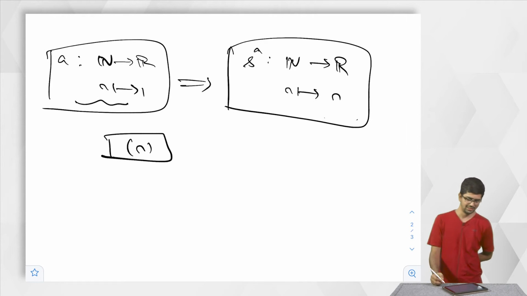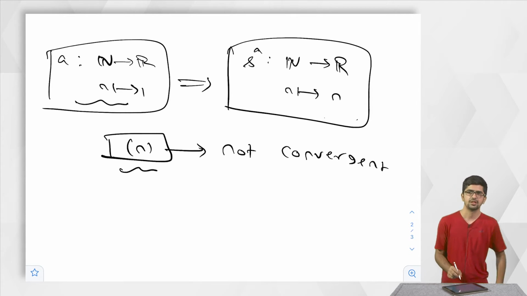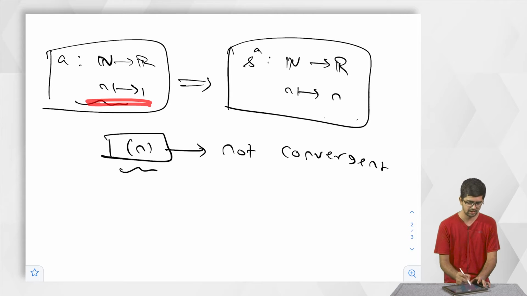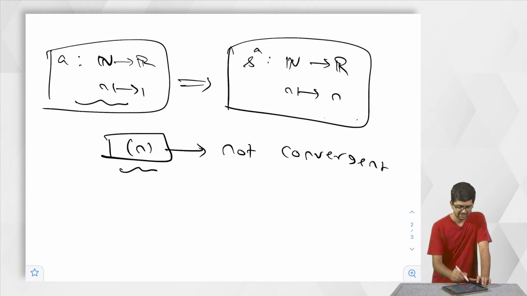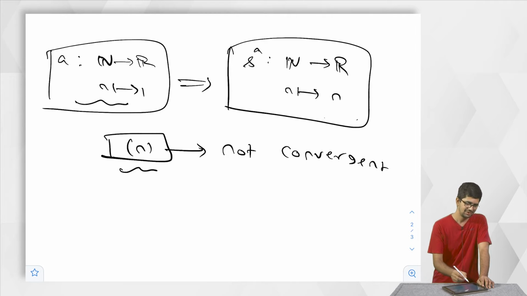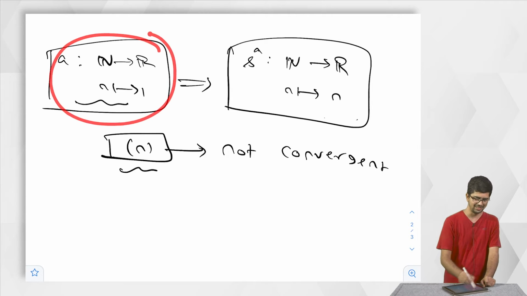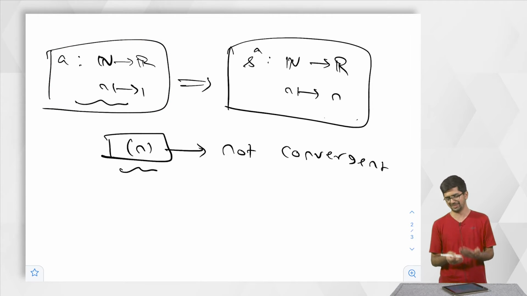Something is not okay here. This sequence is not convergent, right? Even for this kind of very simple example, the sequence of partial sums is not convergent, it is not bounded, you already know that. This should not make you feel unhappy. This should tell you that whenever we are trying to work with series, very basic examples might fail.